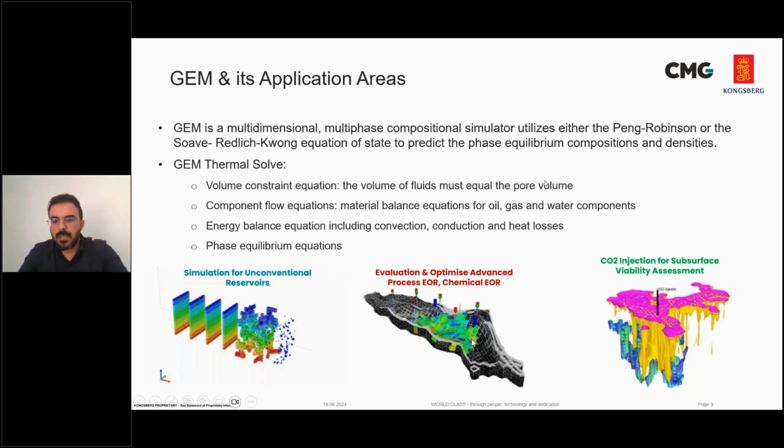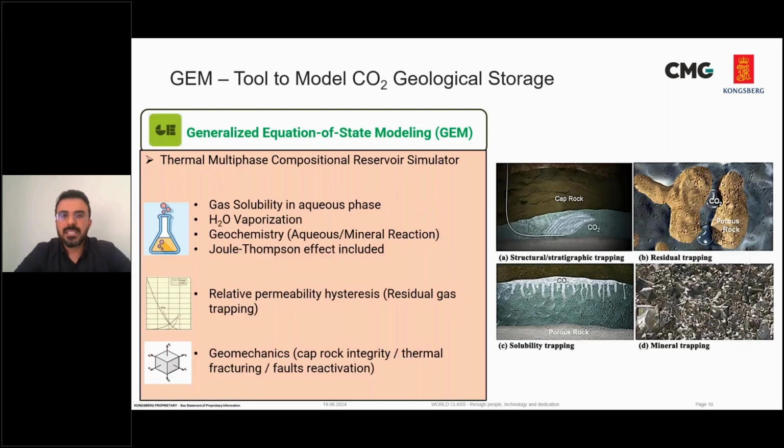Now focusing mainly on CCS, there are a number of functionalities available in GEM that make it a suitable tool to model CO2 geological storage. With those features, we can model all the possible CO2 trapping mechanisms in underground formations.